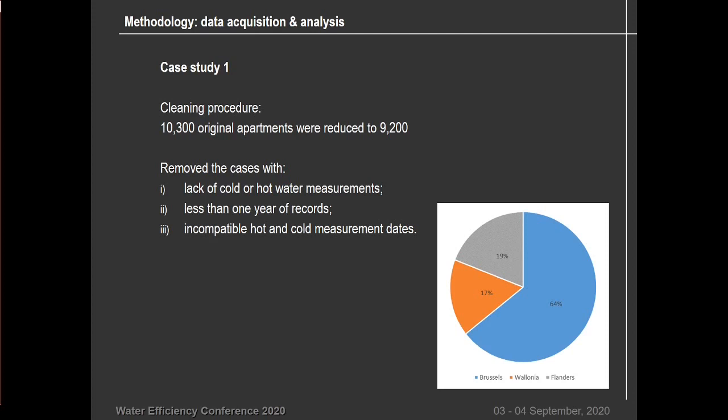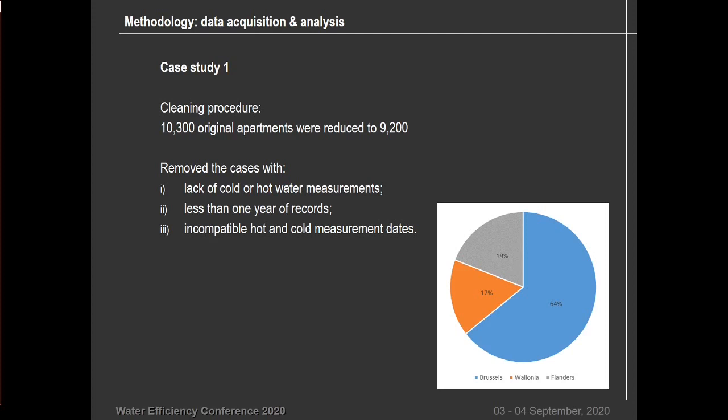In the Belgian case study, the initial sample comprised records from more than 10,300 apartments spread over nearly 500 buildings. However, the dataset was subject to a cleaning procedure to remove the cases with lack of cold or hot water measurements, less than 1 year of records, and incompatible hot and cold measurement dates.